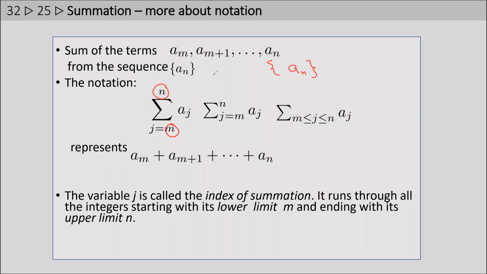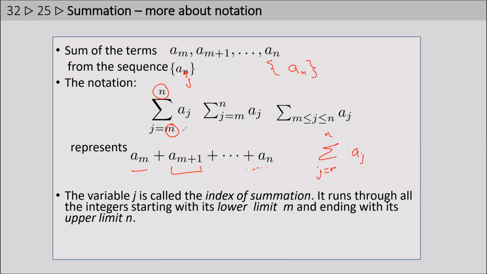Here, for example, a sequence is A subscript J. I can write it in many forms. I can write it as the summation of AJ, where J starts with M until it reaches N. So AM, and the one after is AM plus 1, until it reaches A subscript N.